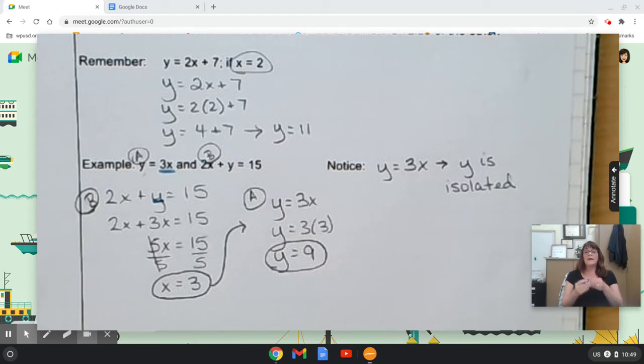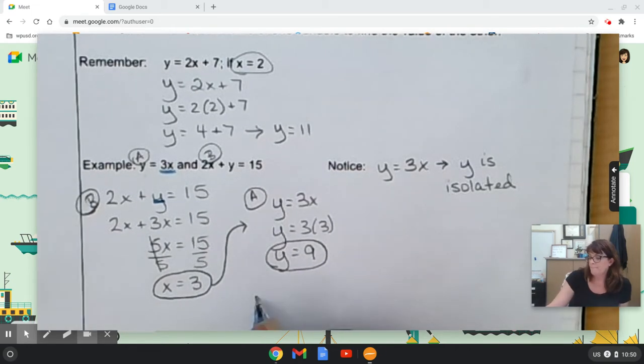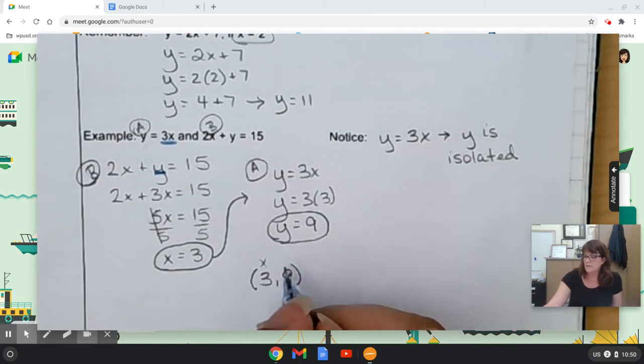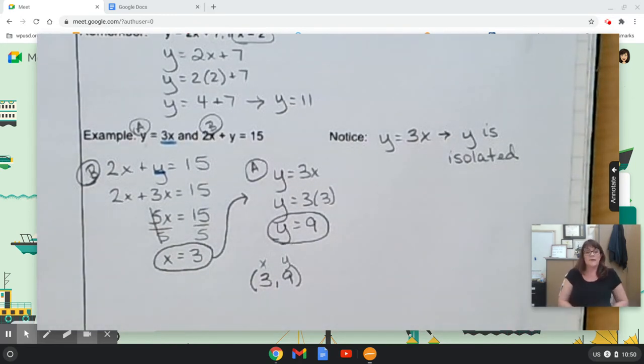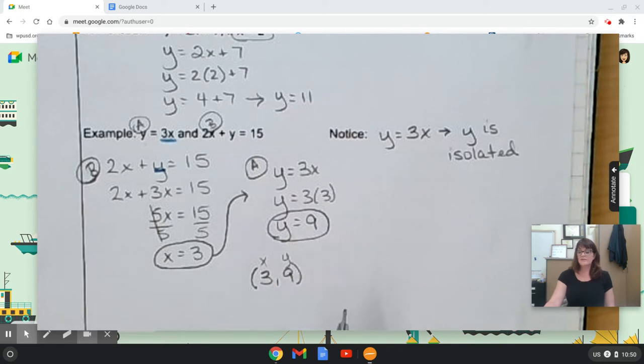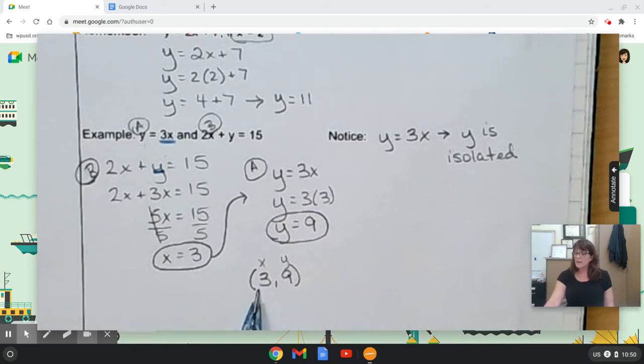And my answer, my solution, just like we talked about when we talked about what a system of equations is, is (3, 9). x, y, right? If I graph these lines, they would intersect at this point on the graph, (3, 9).